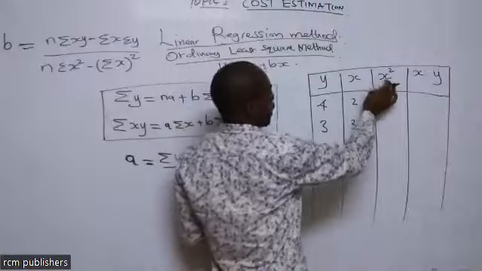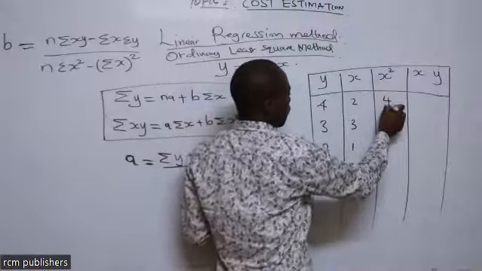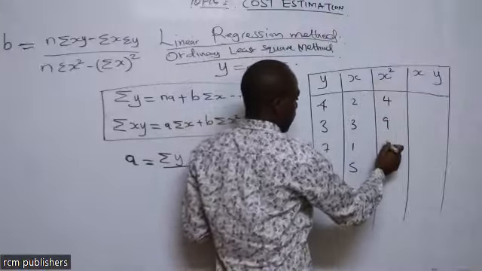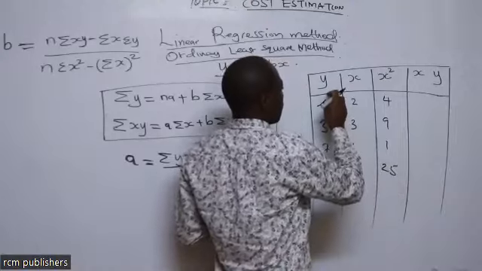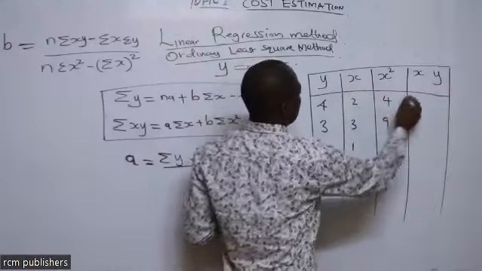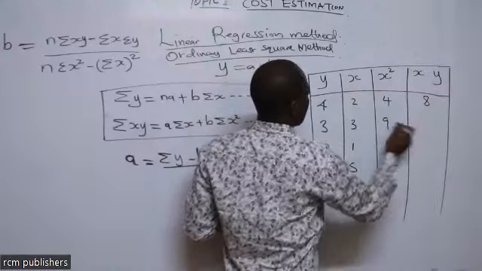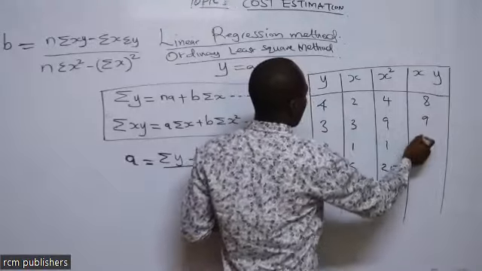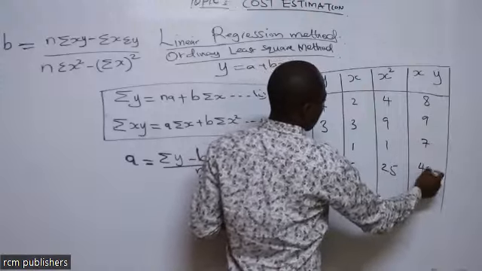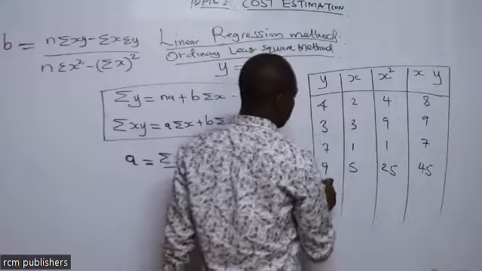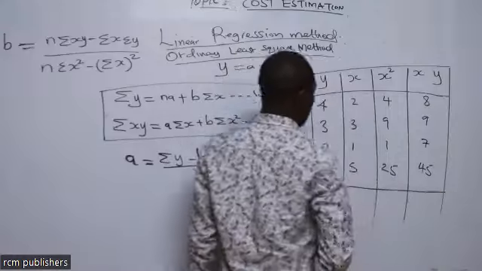So X squared will be this one here, 4, 9, 1, 25. XY will be 8, 9, 7, 45. Then down here, we now get the summation.